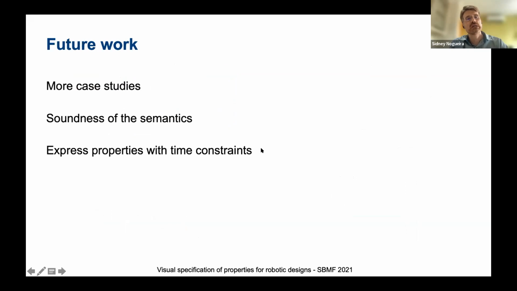As future work, we plan more case studies. Also, we have to analyze the soundness of the semantics and several other things in the approach. And we also plan to express properties with time constraints, because RoboChat allows you to work with time, but for now we only work with untimed models.